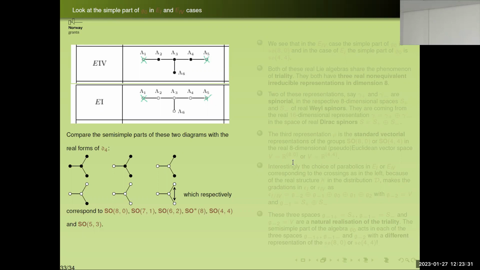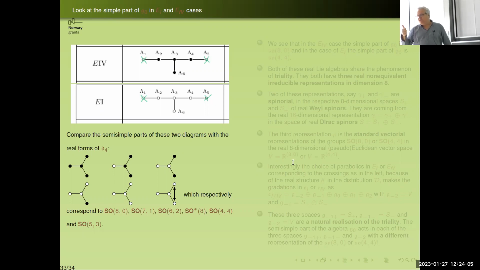Both of these groups have 3 real, irreducible, non-equivalent representations of dimension 8. There is the standard representation, the defining representation of SO8 in dimension 8, but there are 2 others, and these are spin representations. And this is called, by Cartan, triality. The group D4, complex one, or the group SO8 or SO44 has 3 non-equivalent irreducible representations in dimension 8.